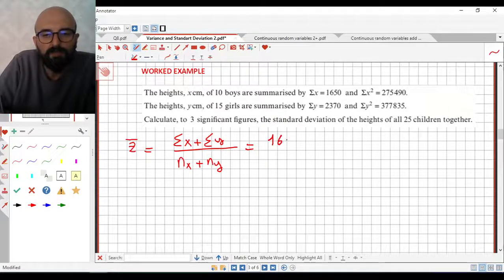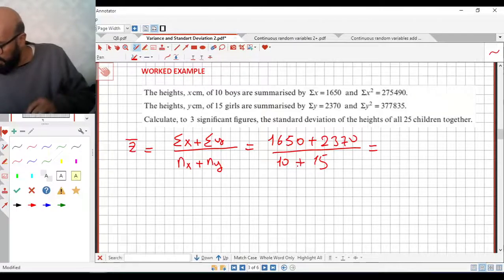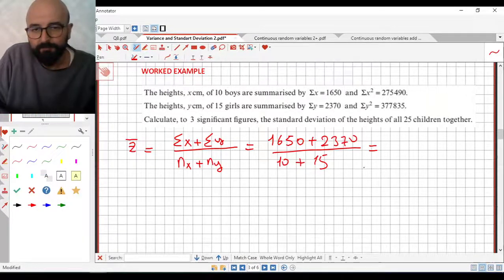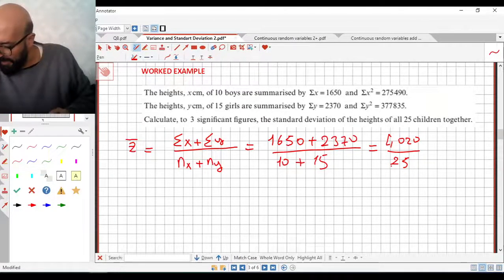So 1650 plus 2370 over, we have 10 boys and 15 girls, and it results in 4020 over 25.